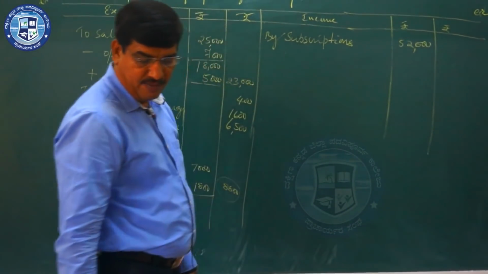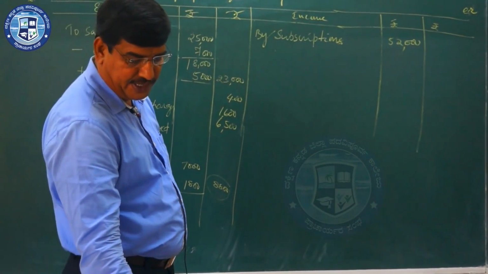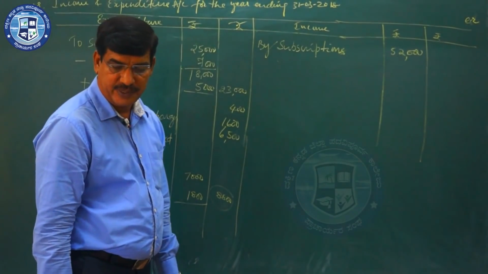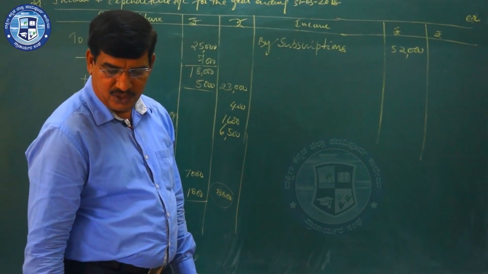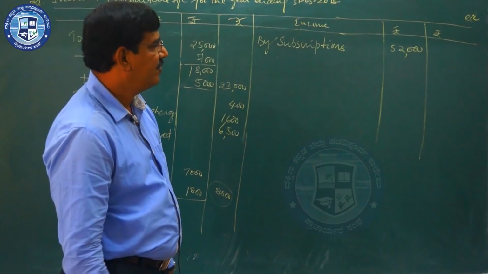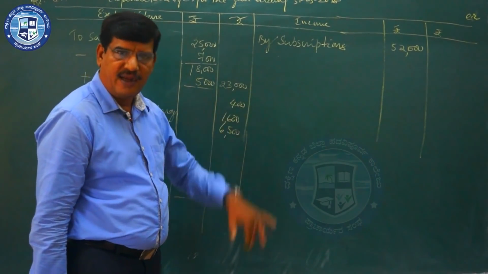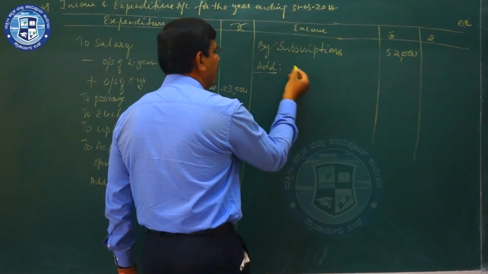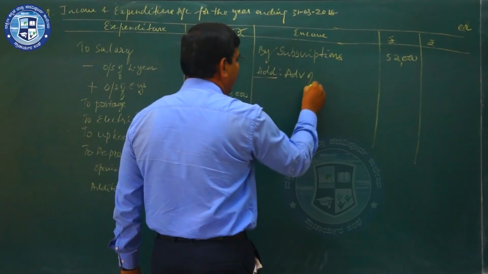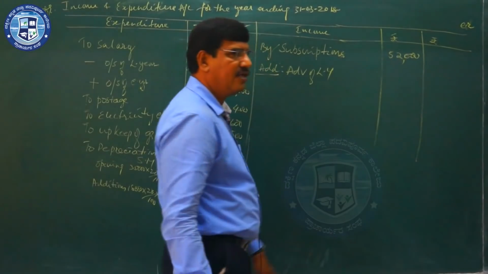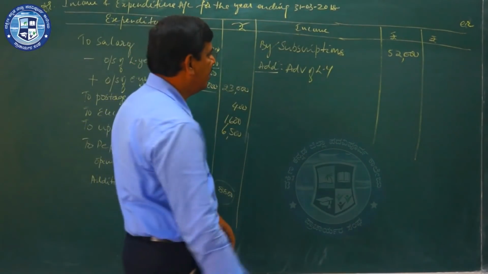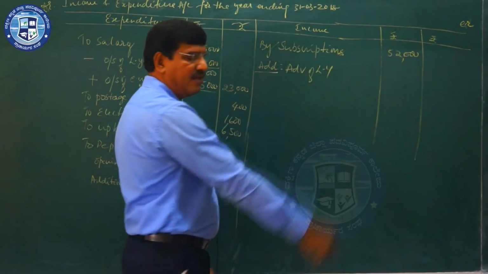Now look at the opening balance sheet. In the opening balance sheet, it is given pre-received subscription or advance subscription. Advance subscriptions of last year, it is given in the last year for current year. That's why it pertains to the current year. So you have to add it to the subscription.